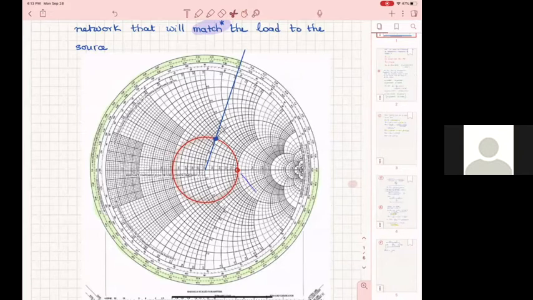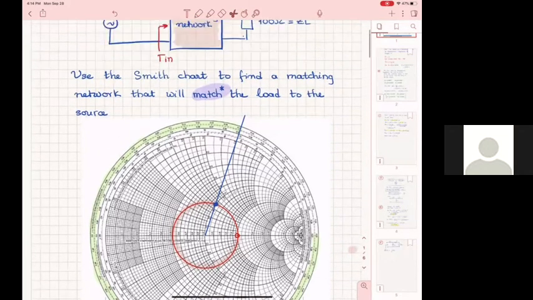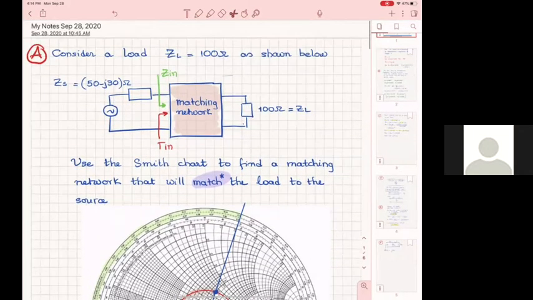This one is gamma in. In this particular case, it happens that just by a section of line, you can do it without a stub. I did it for a reason, to simplify things. So since you're at the load, you can move towards the generator. Practically it's like moving like this.